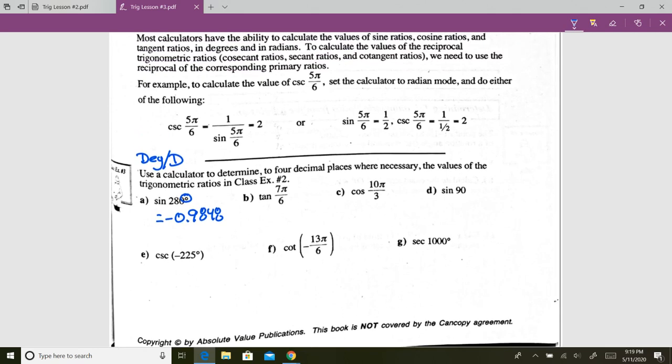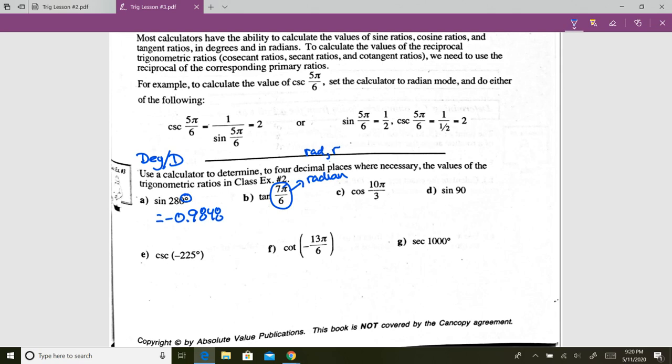Tan of 7 pi over 6. Now you have a choice. You can enter 7 pi over 6 in your calculator, but you must be in radian mode. So that means up in the top corner of your screen, it's going to have to say RAD or have an R button.